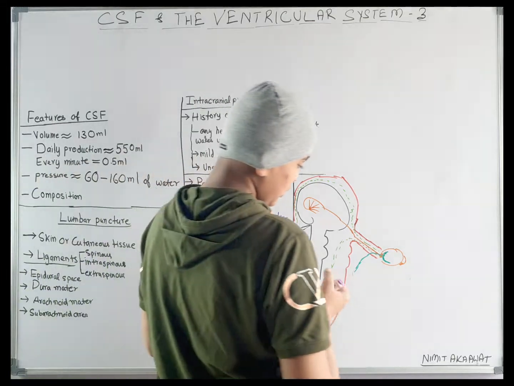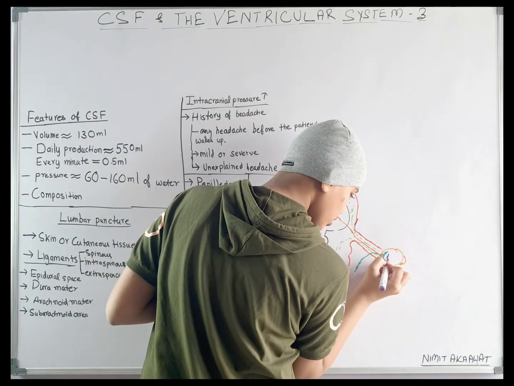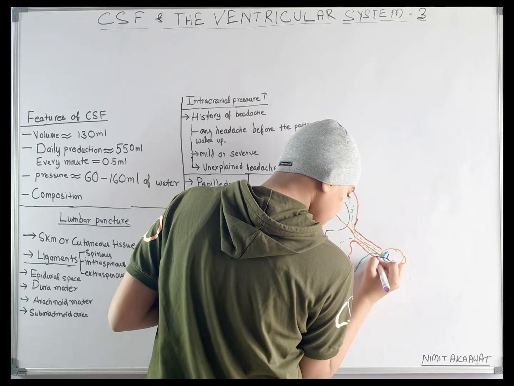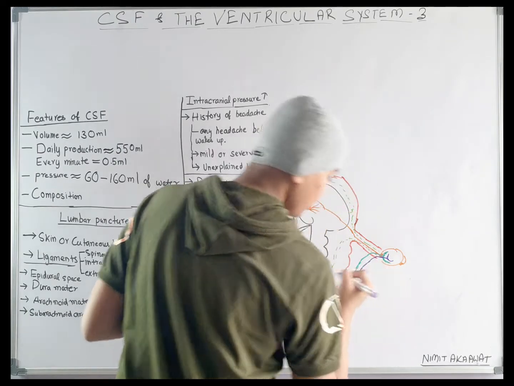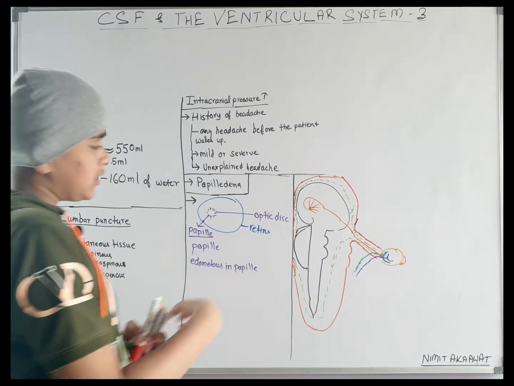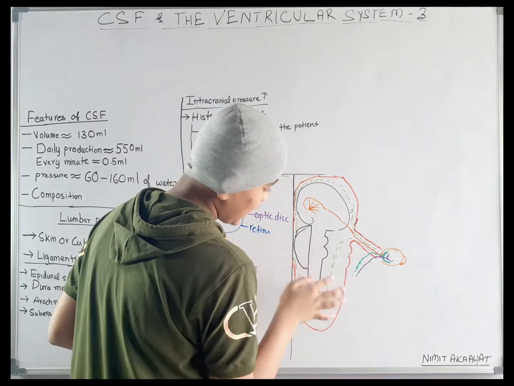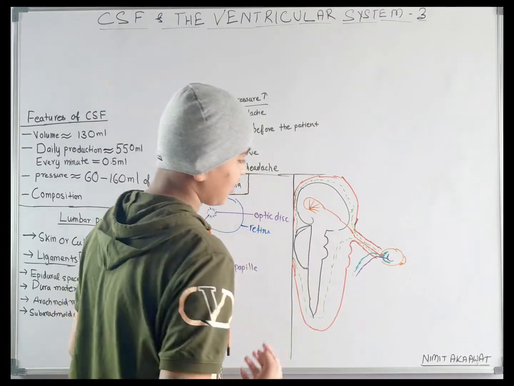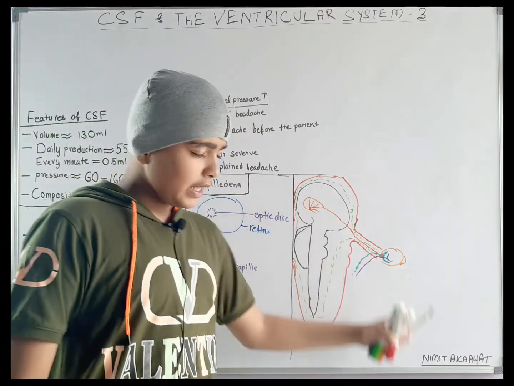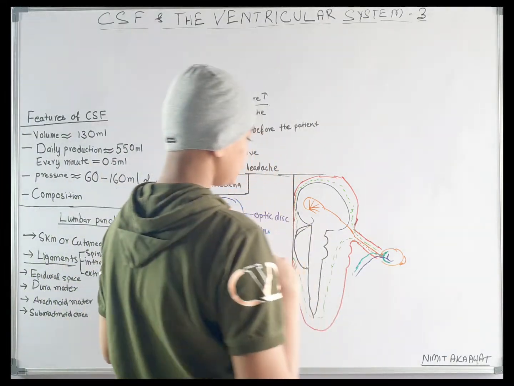And here are central retinal veins which drain the blood from our retina. So these central retinal arteries and veins pass through the subarachnoid area and all the three layers of meninges to supply and drain the blood from our eye.